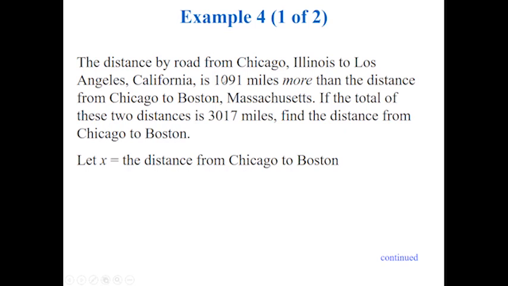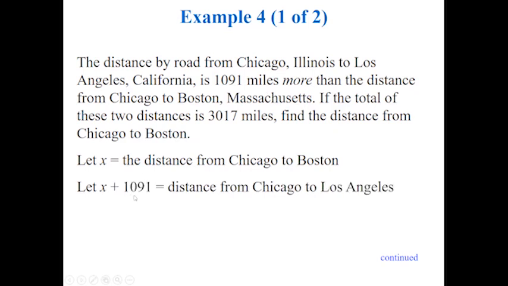We're also told that Chicago to LA is 1,091 miles more than Chicago to Boston. So it's 1,091 miles more than x. x plus 1,091 would be the distance from Chicago to Los Angeles.